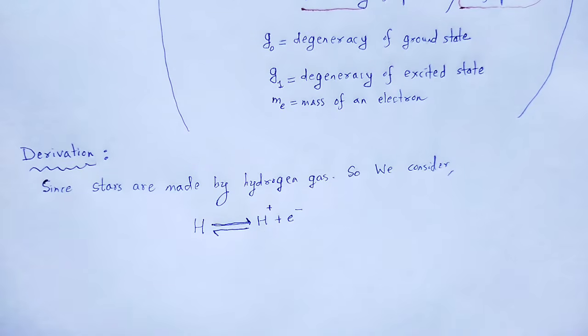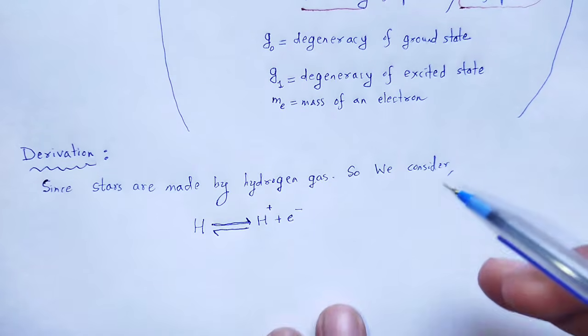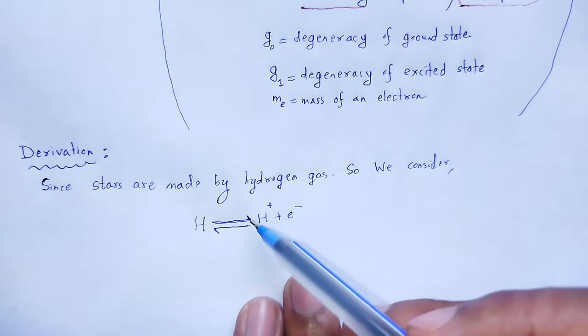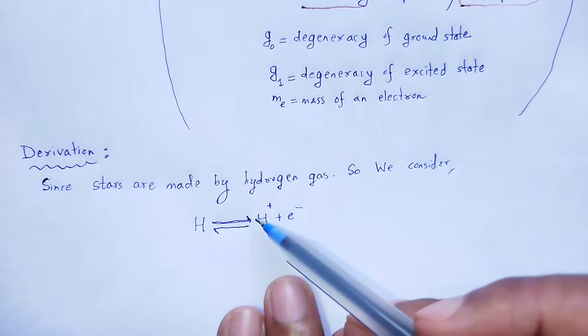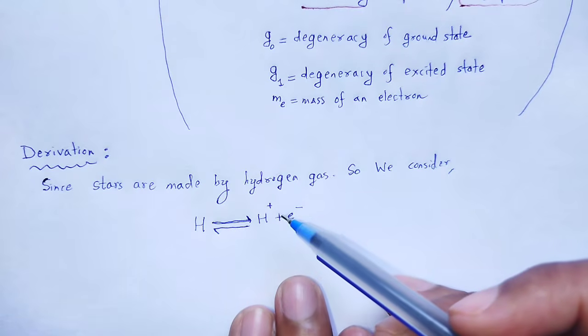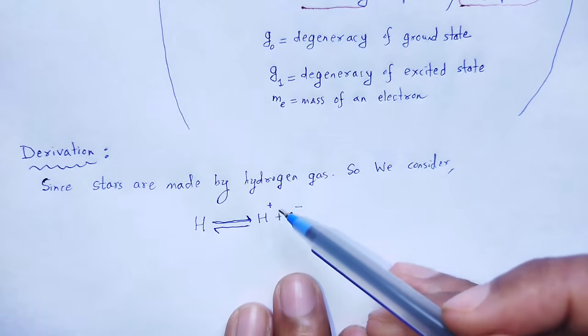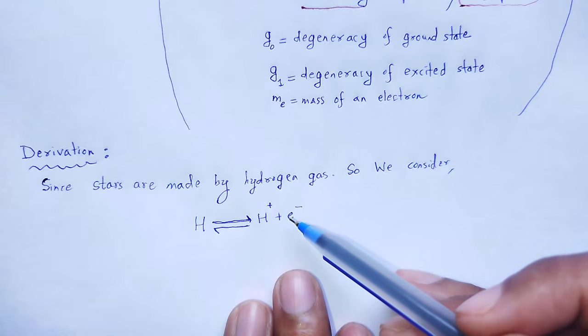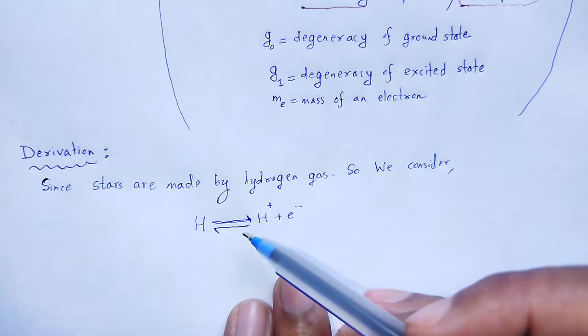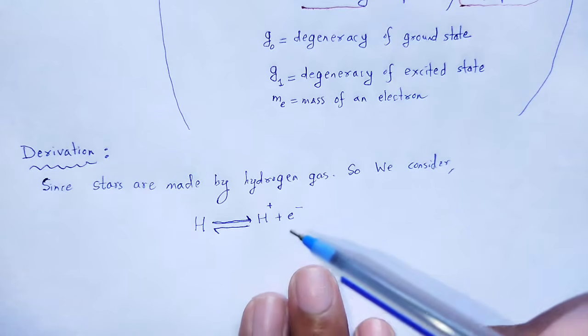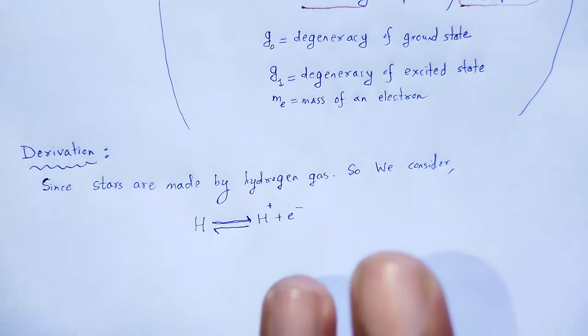Okay, it means first hydrogen atoms collide and are ionized, then the ionized hydrogen atoms capture an electron and transform to the neutral state. What exactly does that phenomenon indicate?